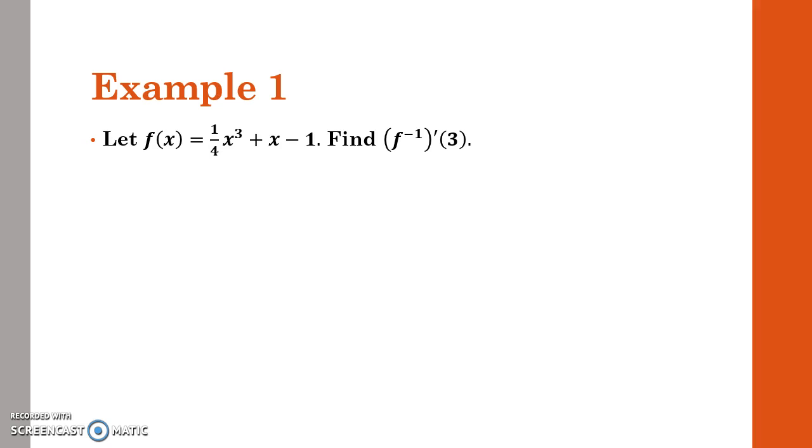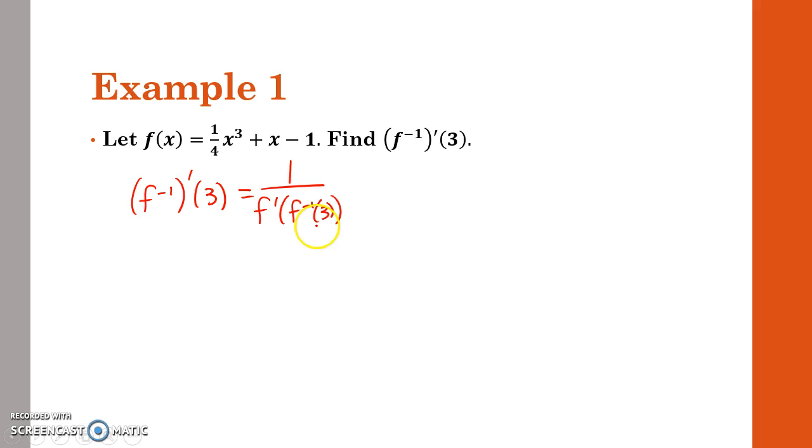Using the formula from the previous slide, the inverse's derivative at 3 would equal 1 over f prime of the inverse value at 3. Order of operations: the first thing we want to figure out is f's inverse at 3. We don't know what f's inverse is. This can be the tricky part of the problem.